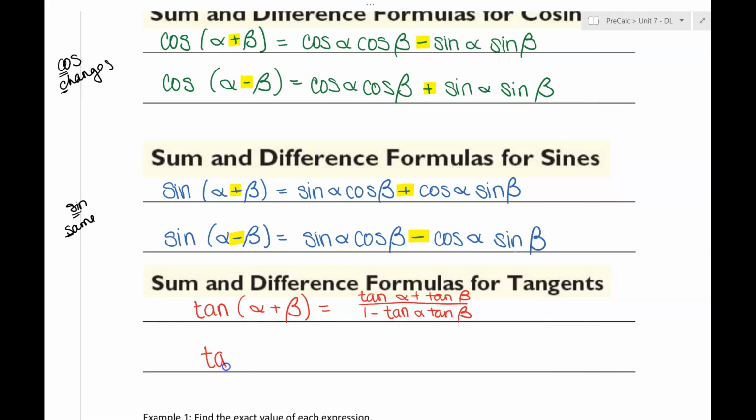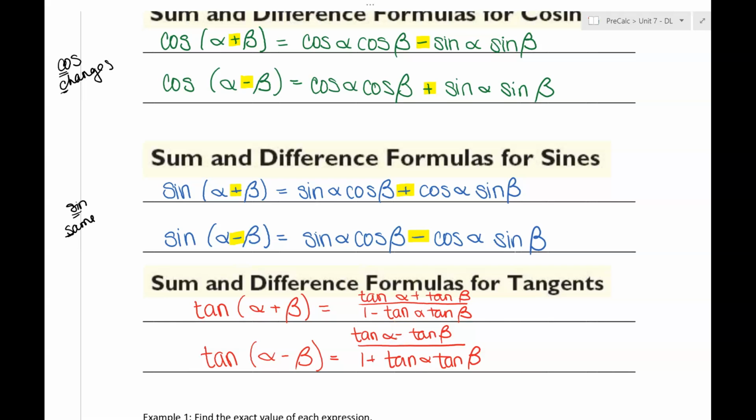Okay, that's the sum. For the difference, we have tangent alpha minus beta. In the numerator, it's tangent of alpha minus the tangent of beta, and that's a really awful alpha, sorry, all over 1 plus tangent alpha times tangent of beta. I'm really not digging that alpha.